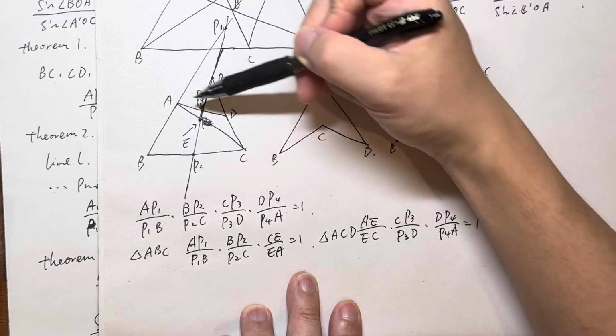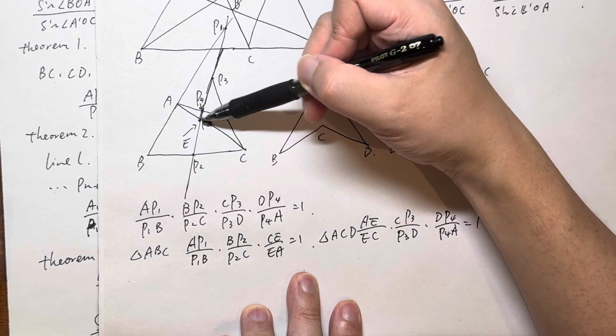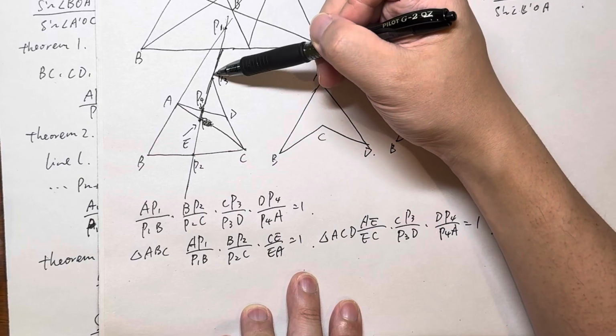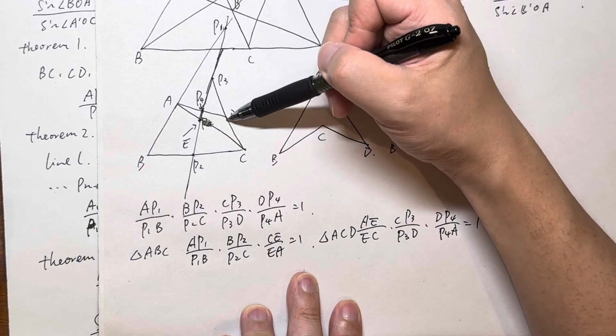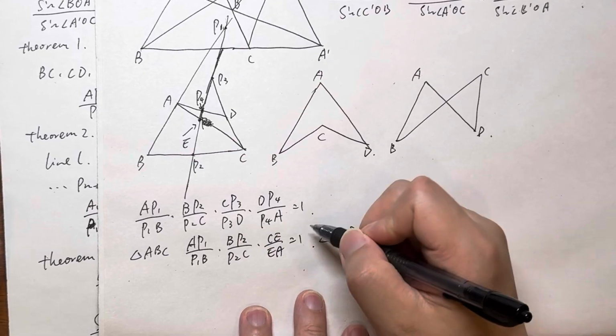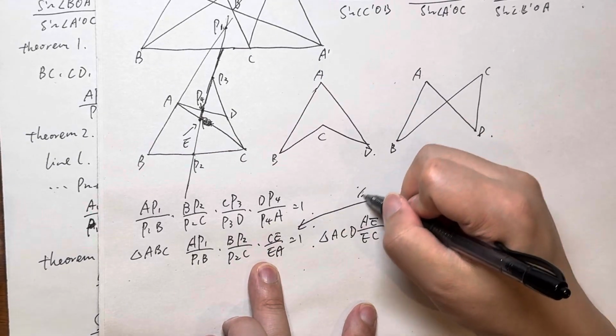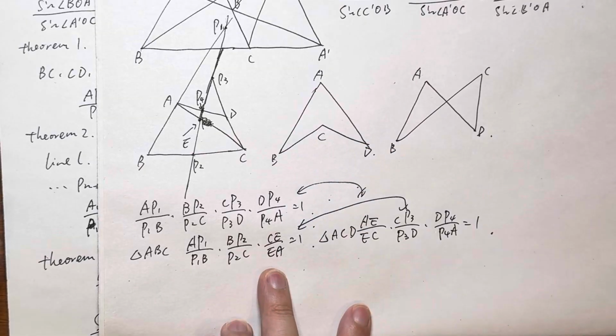For this one and this intersection. So AE to EC, CP3 to P3D, DP4 to P4A equals 1. And we multiply these two equations, then we get this one.